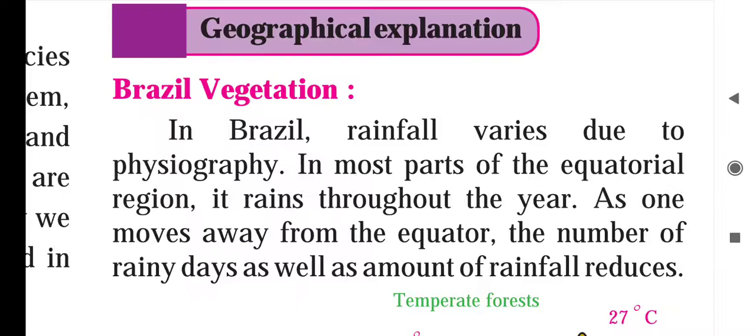As one moves away from the equator, the number of rainy days as well as the amount of rainfall reduce. So see children, as we know, in the equatorial region there is daily rainfall, and that rain is throughout the year. But if we move away from the equatorial region, then the number of rainy days as well as the amount of rainfall is reducing.